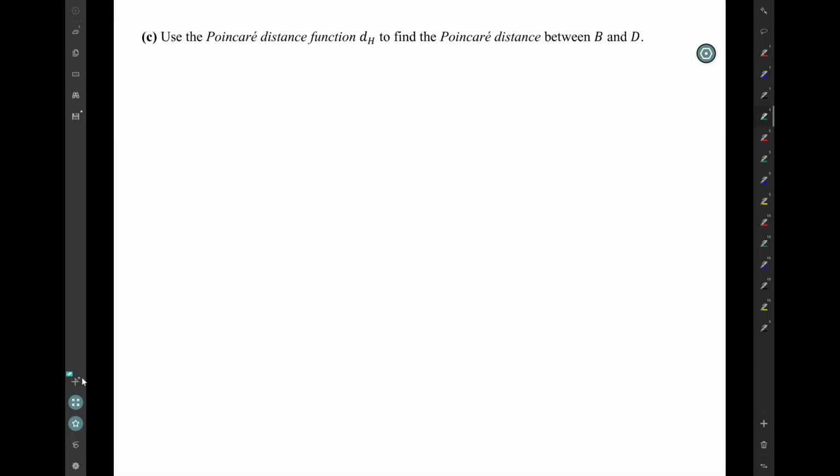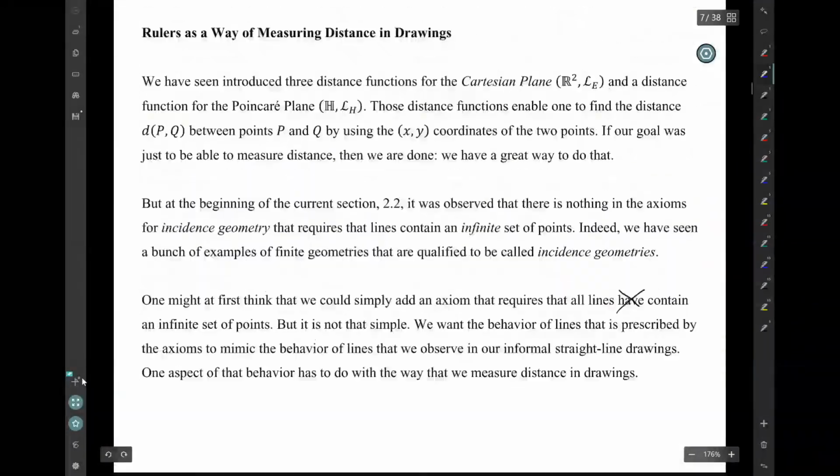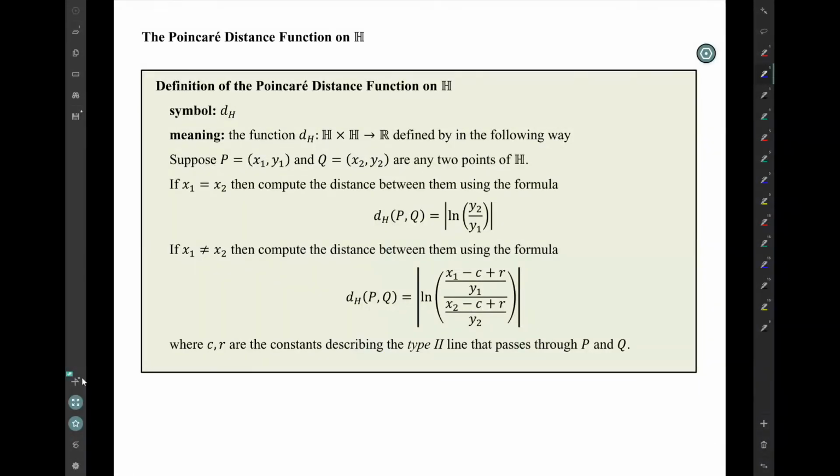Question C. Use the Poincare distance function, d subscript h, to find the Poincare distance between B and D. Remember that the Poincare distance formula is this. So we have to build that.